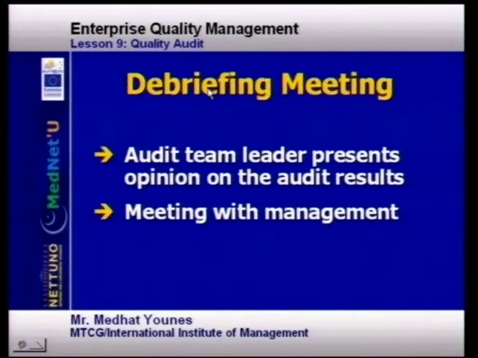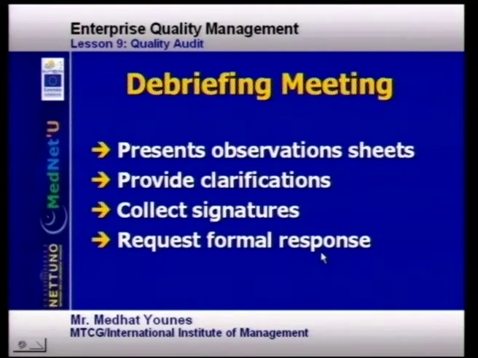During the debriefing meeting, the audit team leader presents opinion on the audited results. He or she meets with the management of the audited organization. Each department auditor presents his observation sheet or non-conformances, provides clarification, collects signature, and requests formal response.